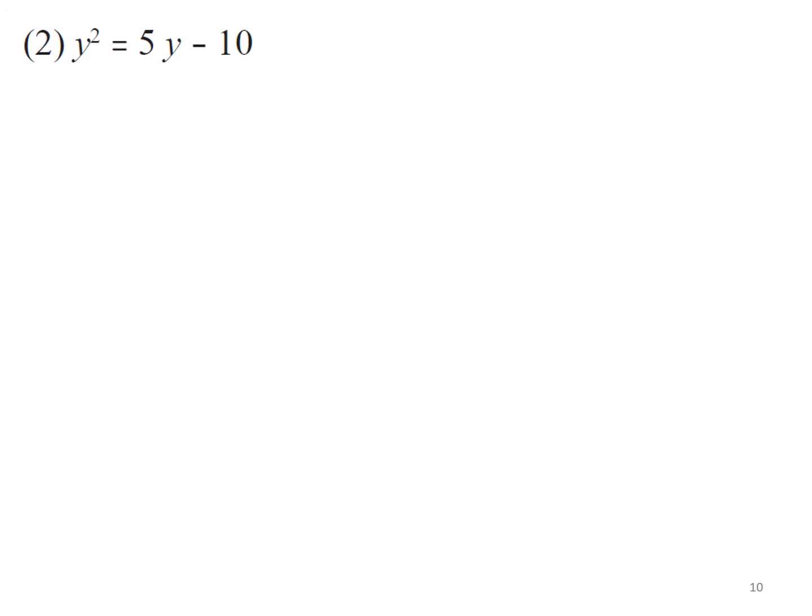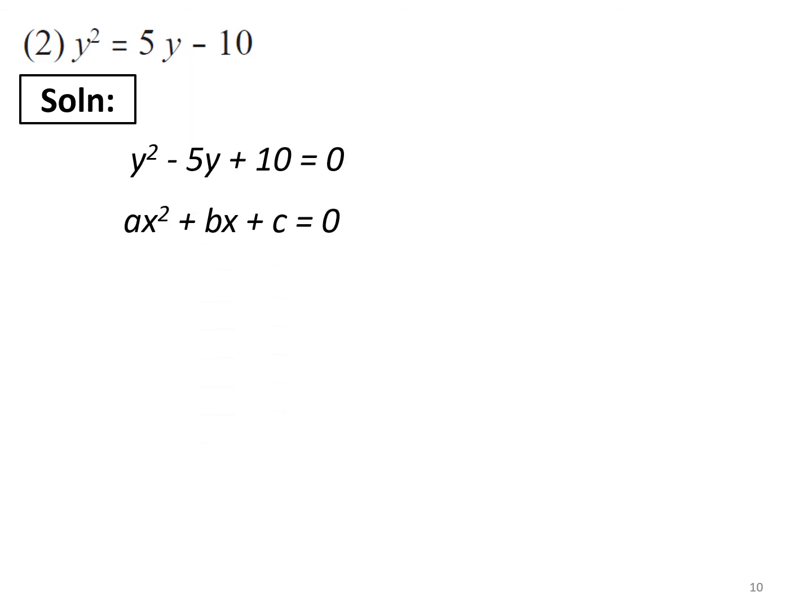Second one, y square is equal to 5y minus 10. I'll rearrange the equation. y square minus 5y plus 10 is equal to 0. 5y minus 10 was on my right hand side, I brought it to my left hand side.